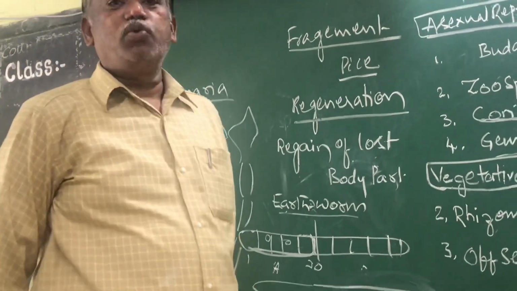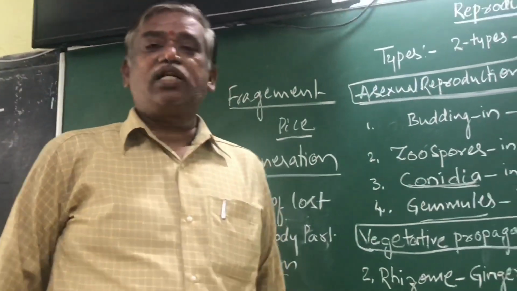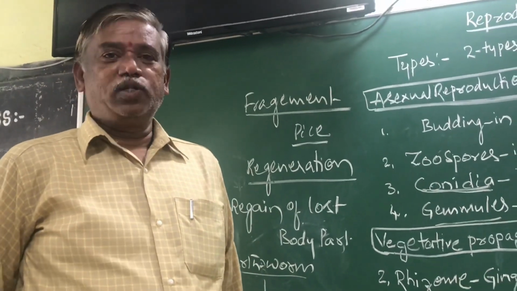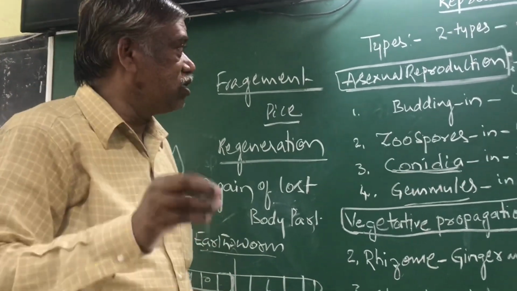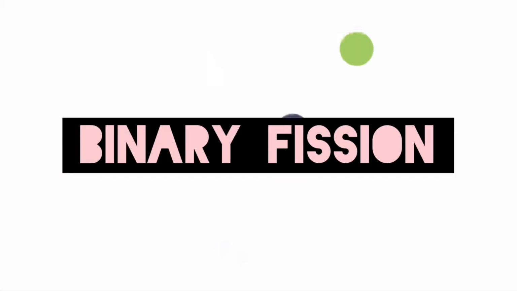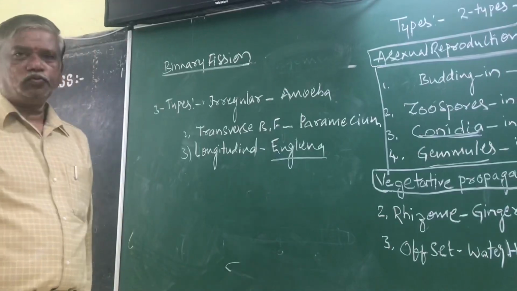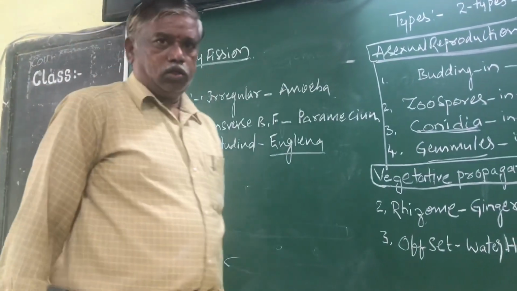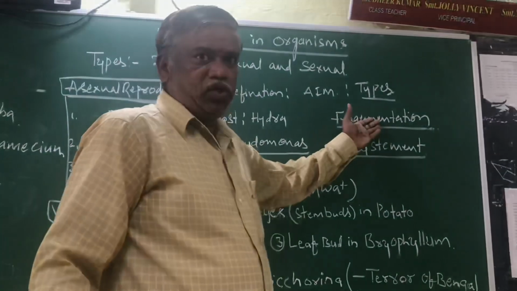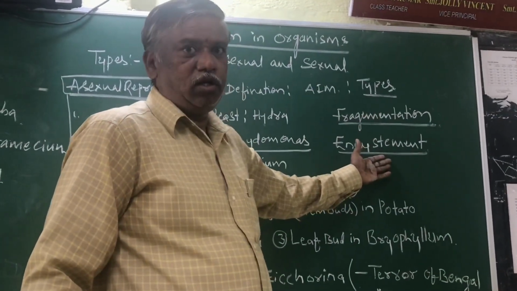So this is about various types of asexual reproduction in animals. But another most important one is also there, binary fission. Of course, according to the NCERT syllabus, there is no fragmentation and regeneration.